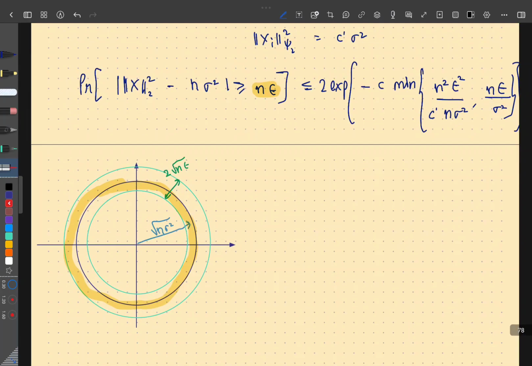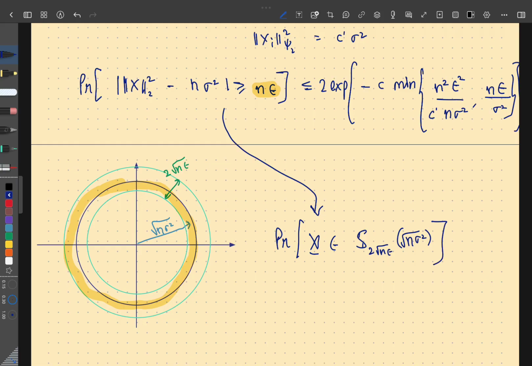Correct. But then my claim, just stare at this quantity. This is equal to the probability that the random vector x lies within a thin shell of thickness 2 root n epsilon, and the radius of this shell is root n sigma square.